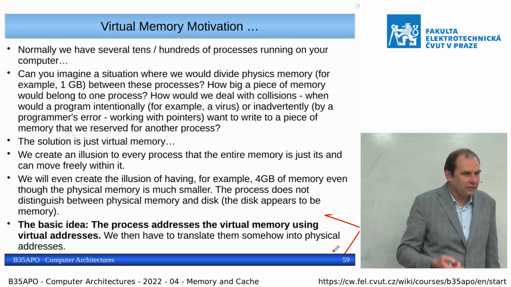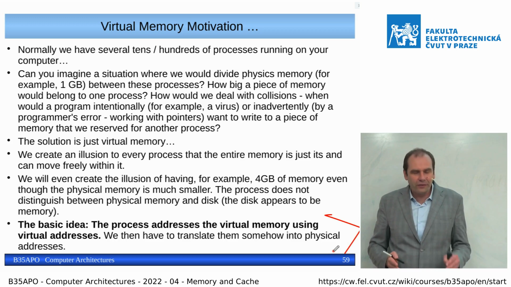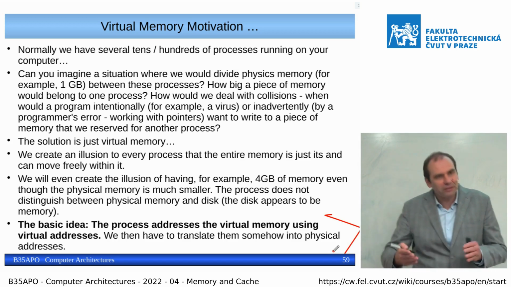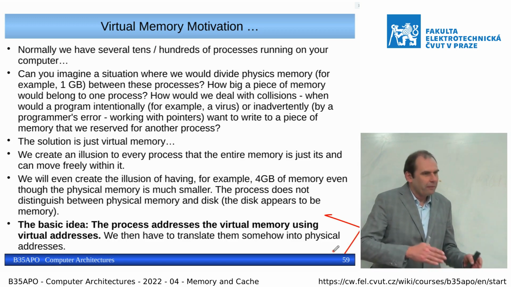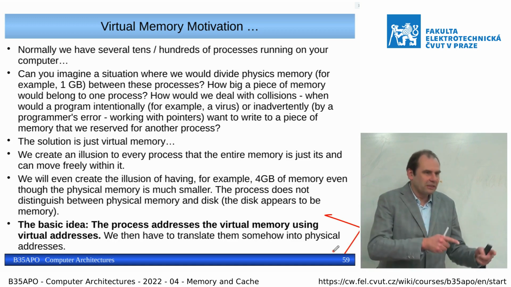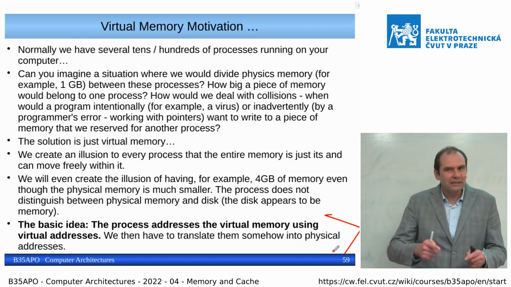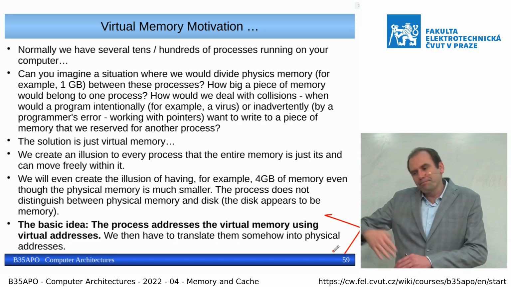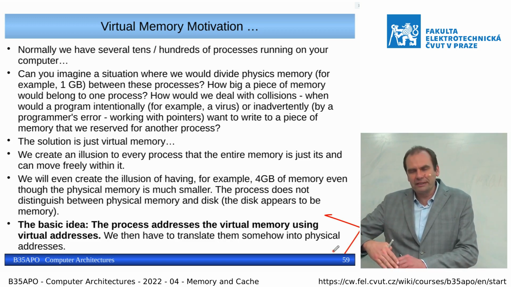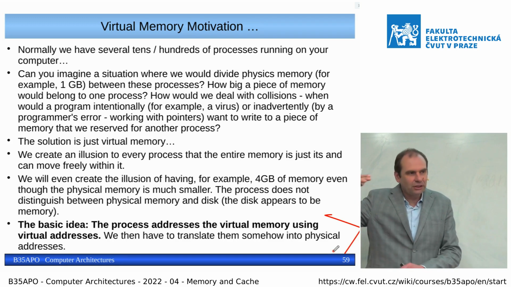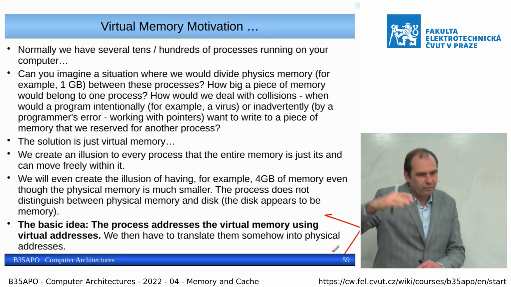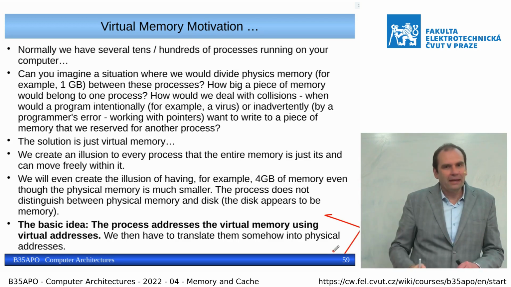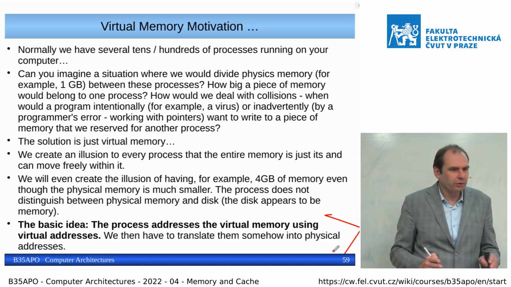So basically it works similarly to a cache between the main memory and the CPU. But in this case, the physical memory is a cache of some, simplifying, bigger address range which is on the disk. For example, in a swap file, as you may know from Windows.